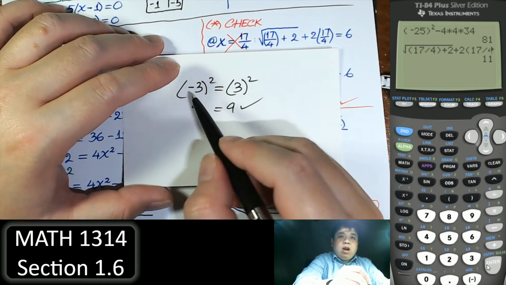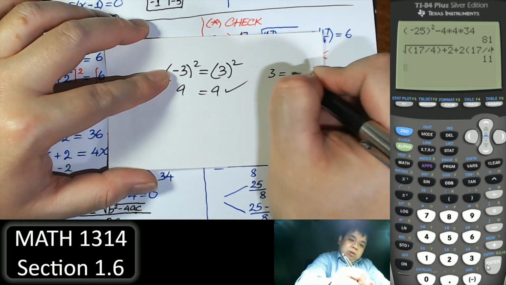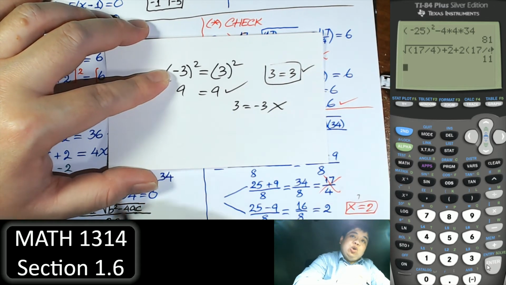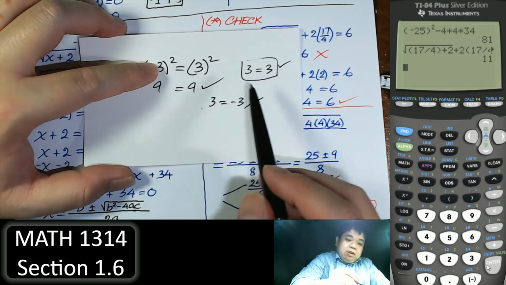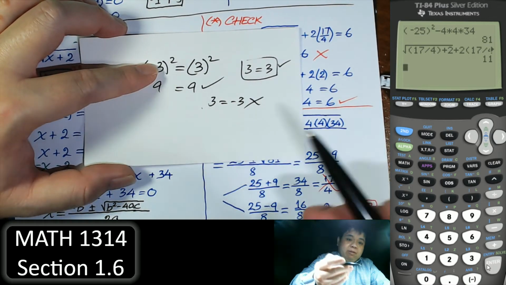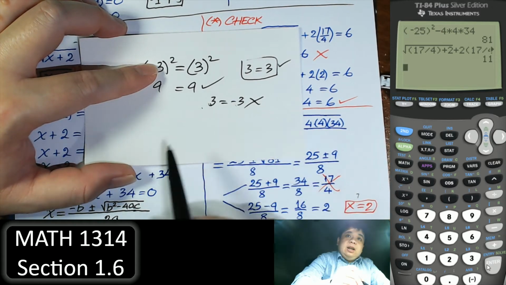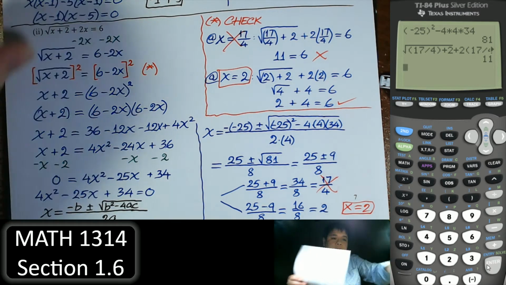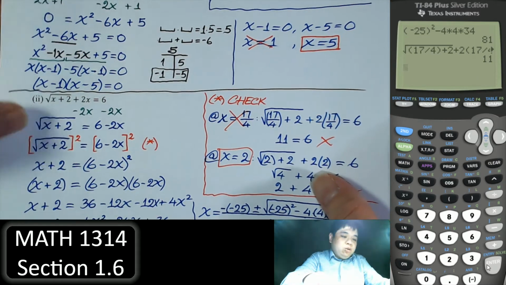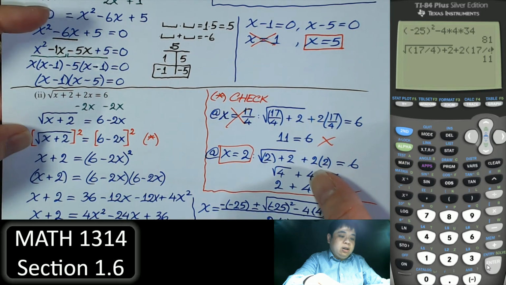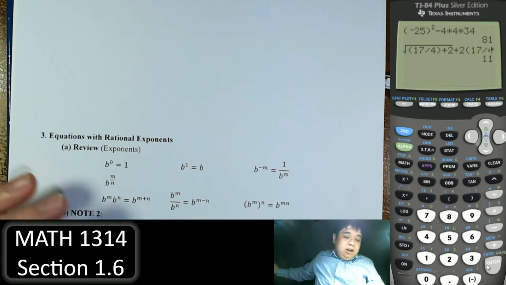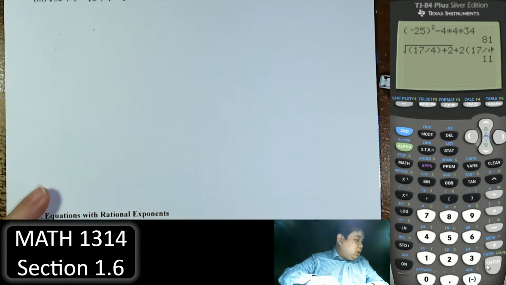Whether it is 3 equal to 3, which is good, or 3 equal to negative 3, which is not good, when we square both sides, both of them give us 9 equal to 9, but this one is not correct. So once again, isolate the square root, square both sides, and solve the equation. Make sure at the end we check the solution because we did square both sides.